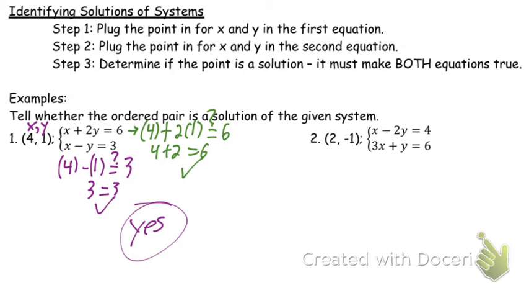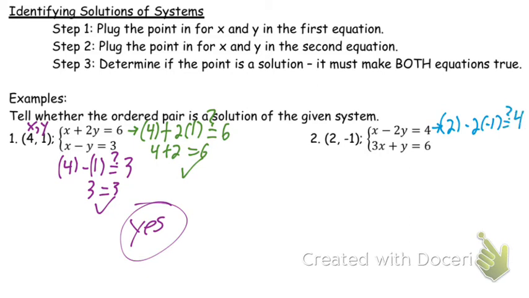So for this system, Lane, you want to help me plug it into the first equation? So you'll do 2 minus 2 times negative 1 equals 4.